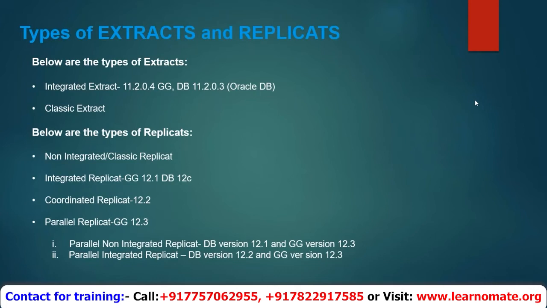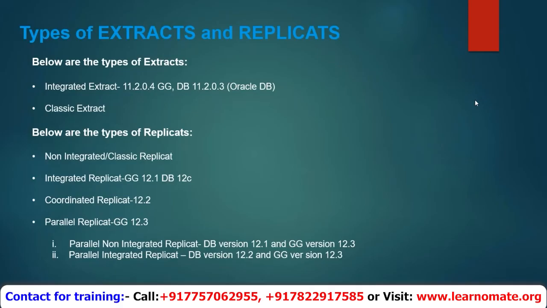Integrated replicate was introduced in GoldenGate version 12.1 and database version is 12. Coordinated replicate was introduced in GoldenGate version 12.2. Parallel replicate has been introduced in GoldenGate version 12.3.